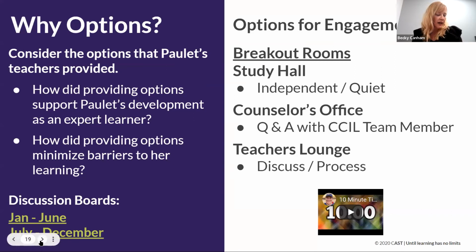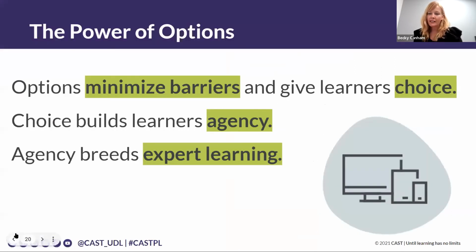Welcome back. Thank you for participating in whether it was an independent breakout room or a collaborative breakout room. Hopefully you're enjoying our options for engagement. We're dabbling with new ways to make sure that we are meeting the needs of everyone. So I just wanted to wrap up the why behind options with some statements around the power of options.